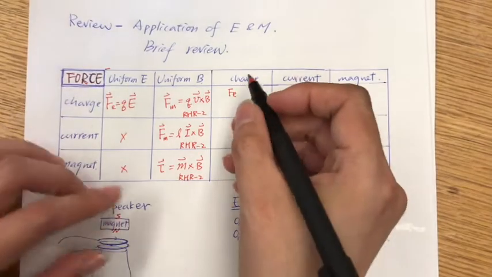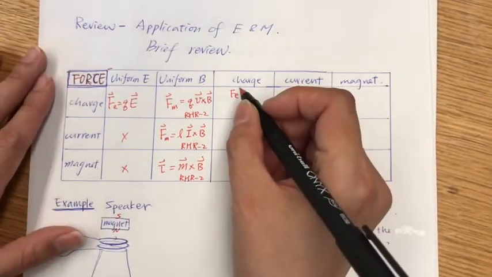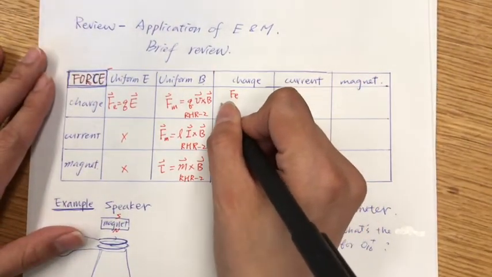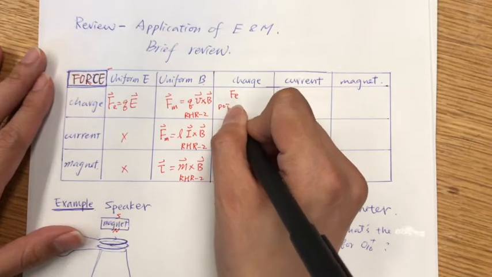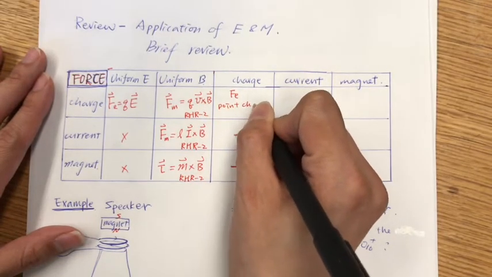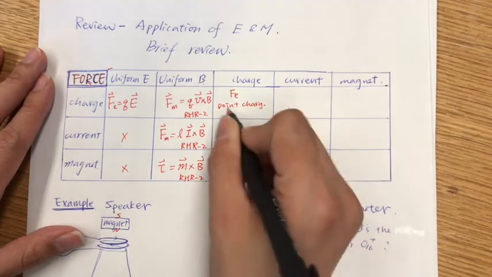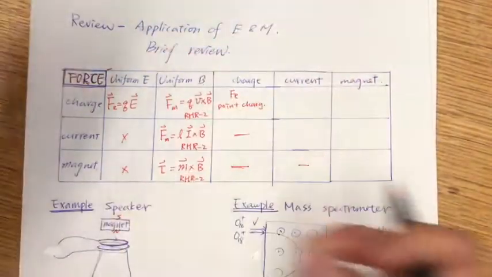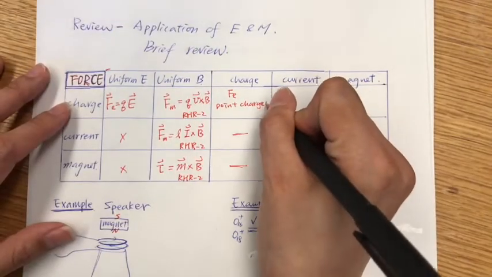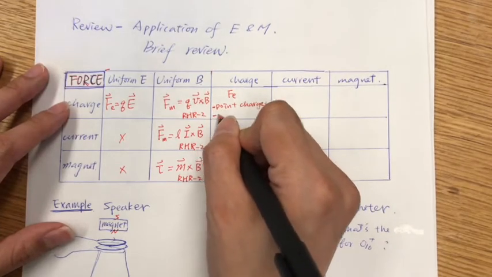And this is also where the kQQ over R squared comes from. Okay, so if it's only point charges, it could be point charge cases. You can have a lot of charges. It could also be parallel plates.